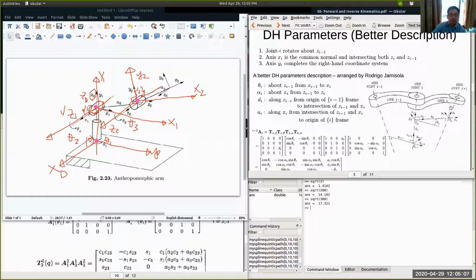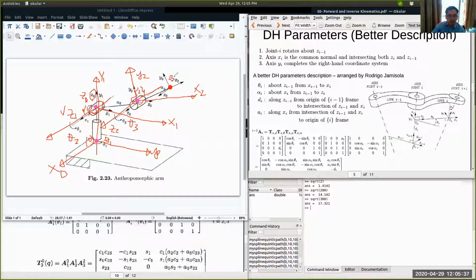And the frame 3 origin we can select arbitrarily, because the end effector and the base frame points can be arbitrarily selected. So we select that. That is our frame 3 point, the origin of frame 3.